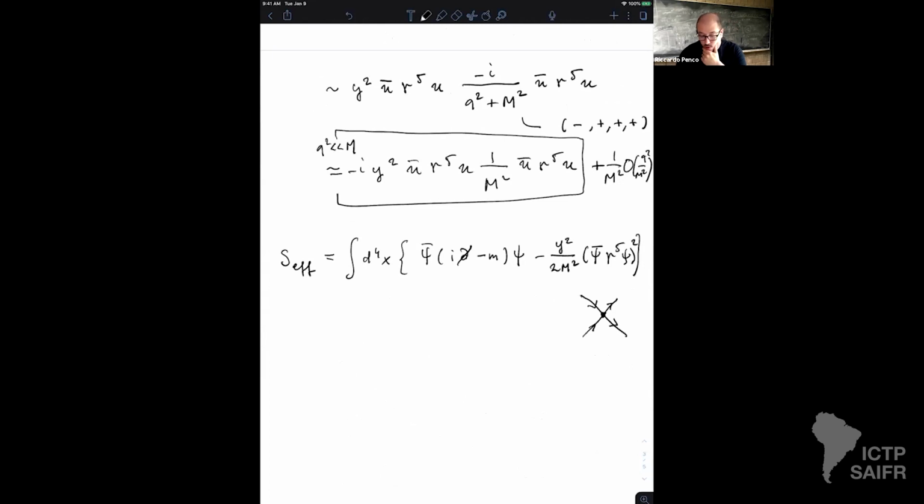Okay. Now, the fact that such a description exists makes a lot of sense intuitively, right? Because when you are at energies much smaller than the mass of the scalar, energy conservation prevents scalars from being created in scattering events. So if you were an experimenter confined to such low energies, you wouldn't have a way of discovering this heavy scalar.